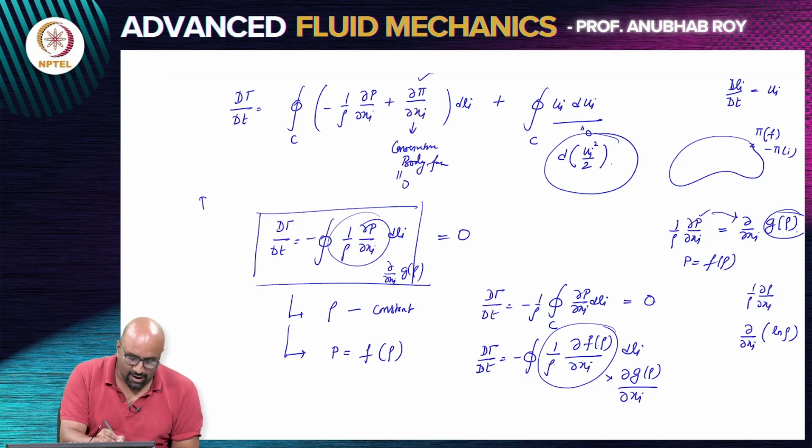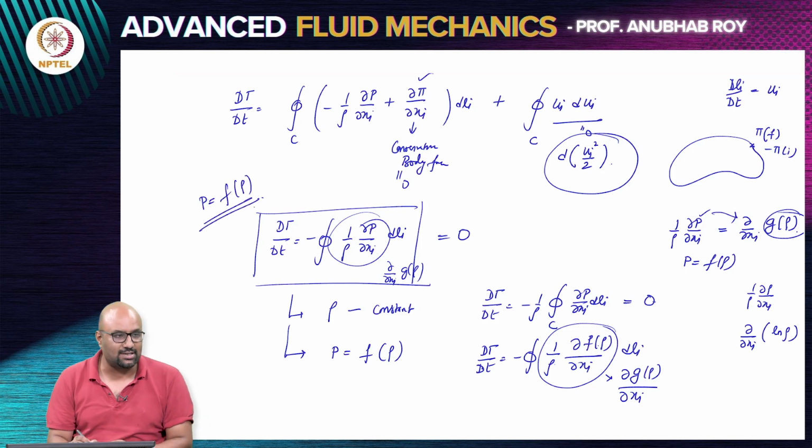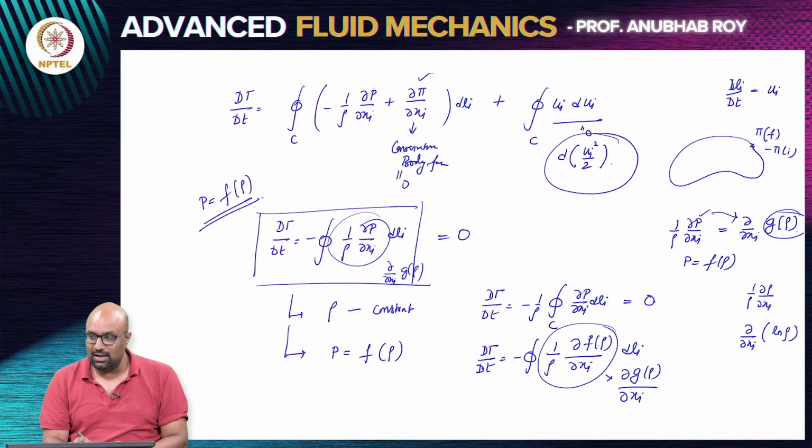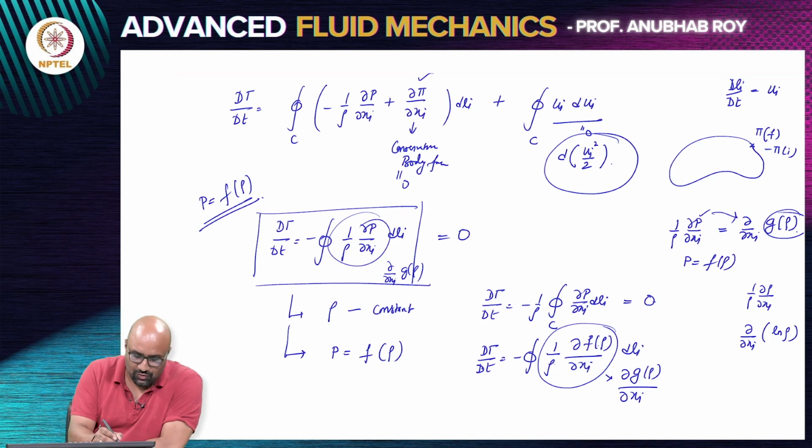So, when P is purely a function of density, the circulation is conserved following a closed material loop. And fluids for which P is a function of rho are known as barotropic fluids.